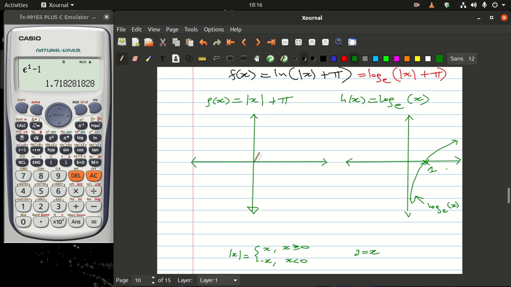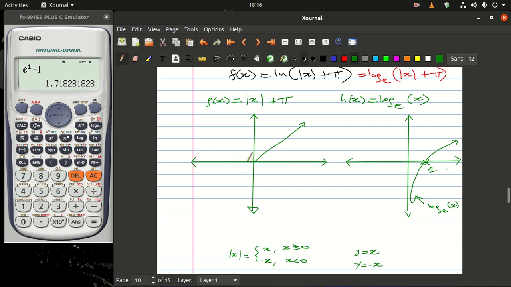So this curve is supposed to look something like this if x is greater than or equal to 0, something of this nature, right? If I get this, then I will end up having y is equal to minus x if x is less than 0. So if x is less than 0, this side.